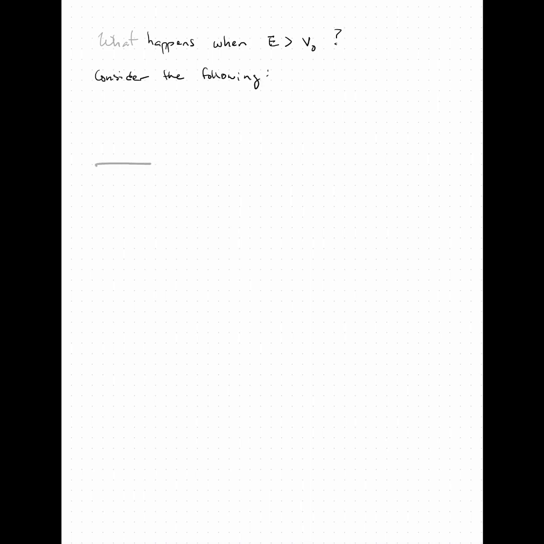This step potential with particle energy E, potential step V0, and V equals 0 on the left hand side. That's for negative x, and this is the x-axis, just so it's quite clear.